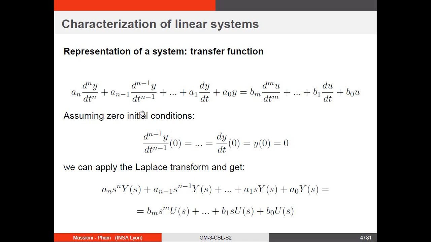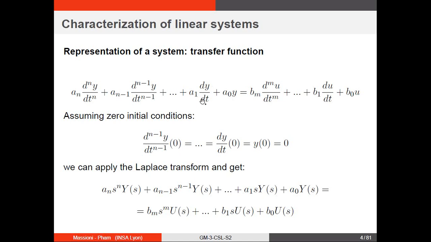Then we apply the Laplace transform, and here is the trick why the Laplace transform transforms the differential equation into an algebraic equation: every derivative becomes just the multiplication of the Laplace transform of the signal times s. So the term a naught times y becomes just a naught times Y of s.